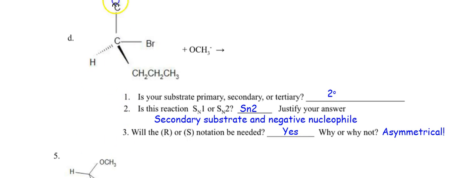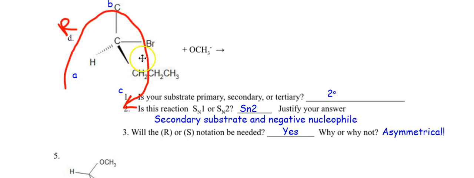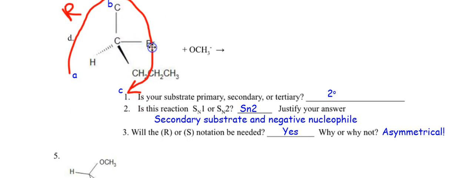Here is my ABC. And so hydrogen's A, one carbon is B, and three carbons are C. So what direction does this go? It goes in the R direction, doesn't it? So my product has to be in the S.